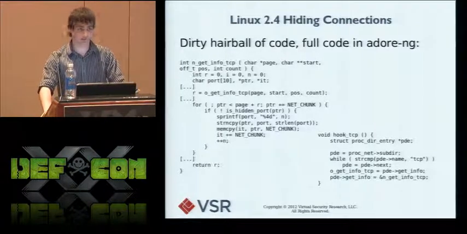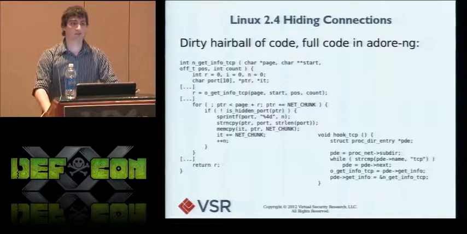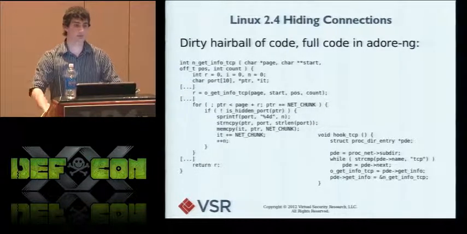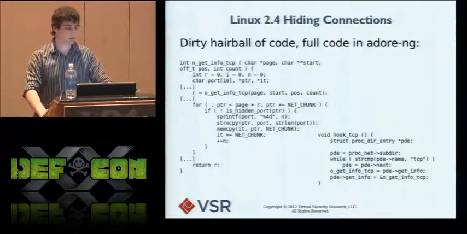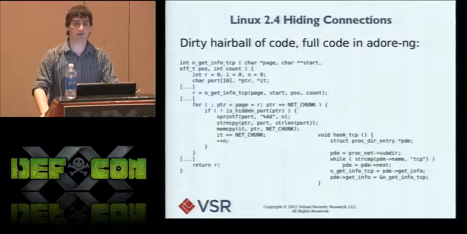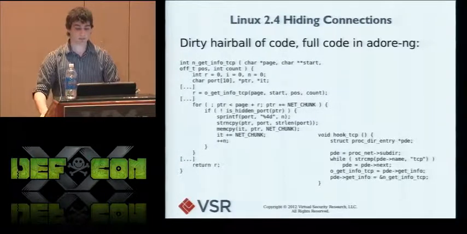Looking at hiding connections in 2.4 is actually a big pain in the butt. Not that you don't know how to do it, but it's just a lot of parsing, a lot of dirty C code that you have to write. Looking at Adore-ng, this is how it's done. It couldn't all fit on a slide, but basically the same concepts apply.